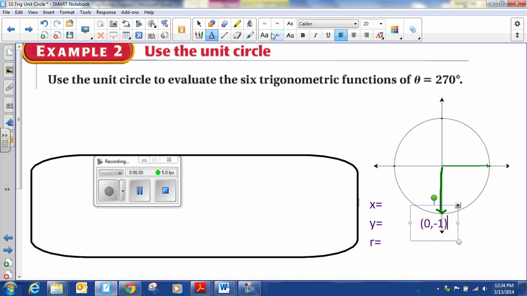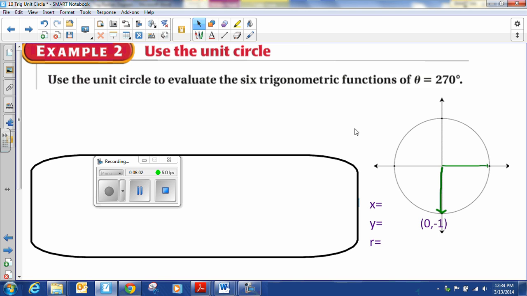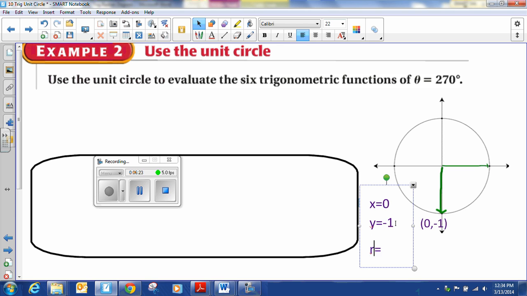So we have all of our values, right? x would be 0, y would be -1, and the radius, we don't have to use the Pythagorean theorem for that. The radius is just simply 1, because we know that in a unit circle, the radius is 1.